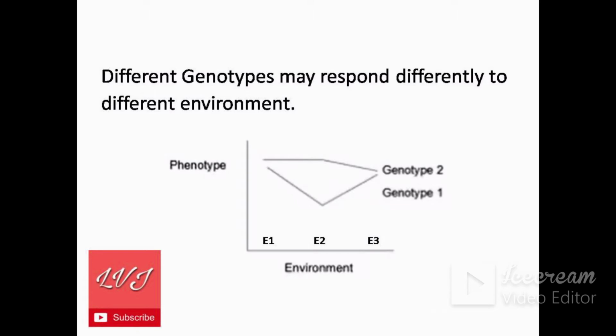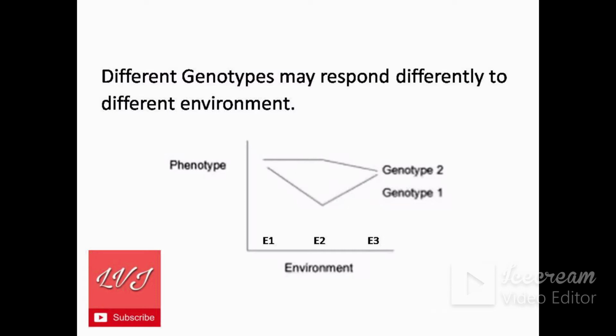This is a very simple way to introduce genotype environment interaction: different genotypes may respond differently to different environments. Here you can see there are two genotypes, genotype 1 and genotype 2, and there are three environments: environment 1, environment 2 and environment 3.